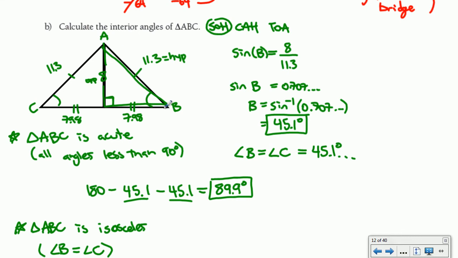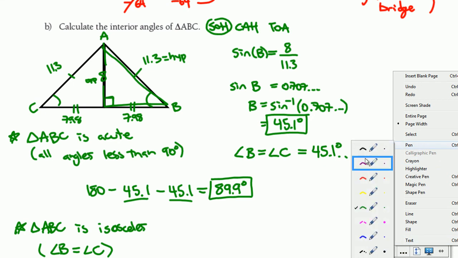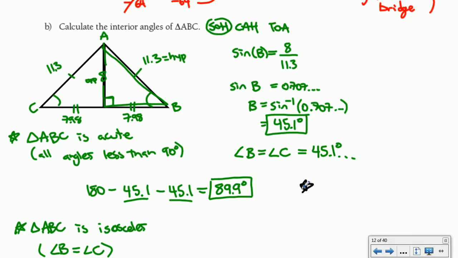And then ABD is a right angle triangle, so I'll just do the rest on the same page. So triangle ABD has a right angle here, so it's right. And we've got 8, 11.3, 7.98.